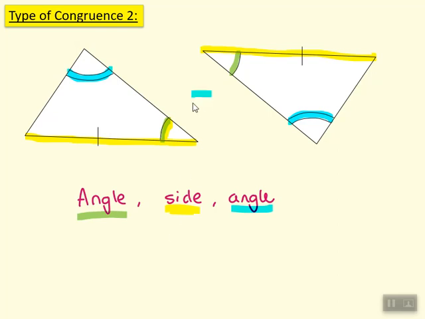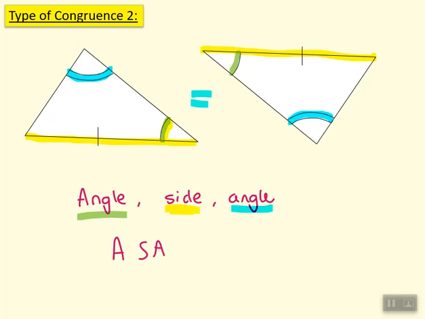They've got to be identical to each other. They are congruent. Congruent means they are the same triangle. They're just upside down or mirror image or rotation, but they are the same triangle. And we abbreviate it to ASA. So angle, side, angle.